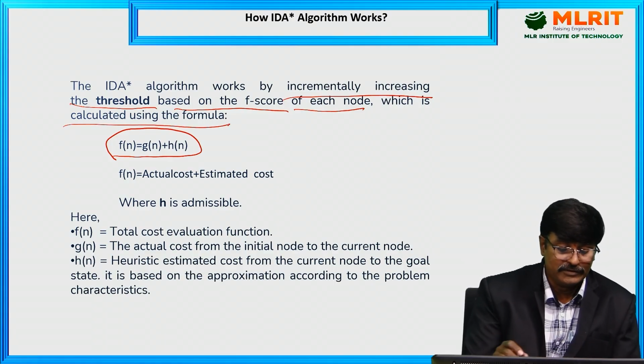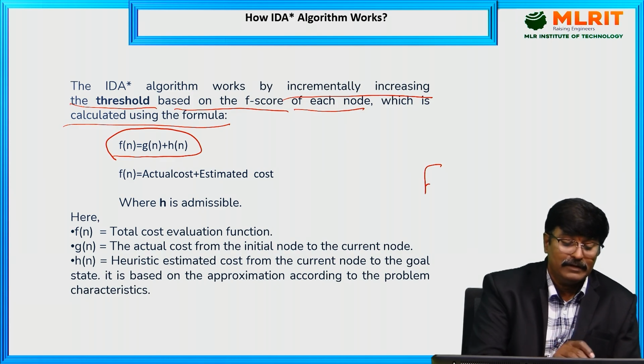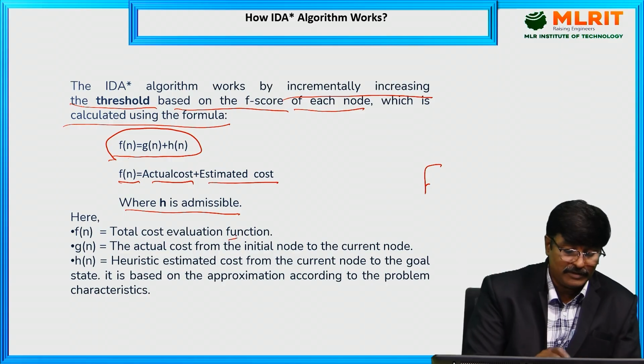Here the F score is very important. The F score depends on the threshold and heuristic function. The heuristic function is the estimated cost, and H is the admissible value. What is the evaluation function? G of n is the actual cost. H of n is the heuristic estimated cost.